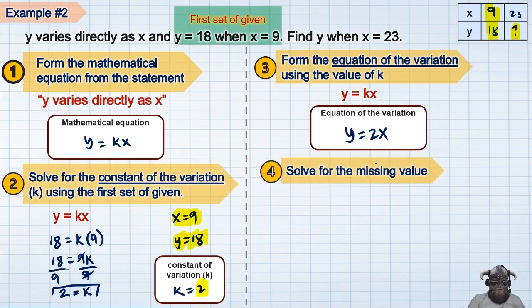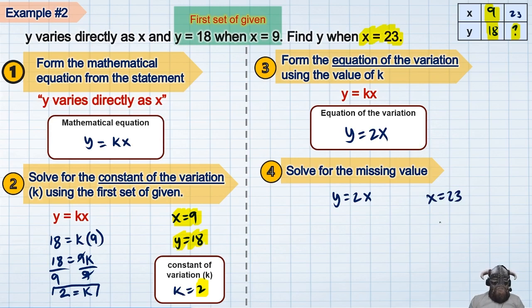So as we continue, we are now ready to solve for the missing value. So ang missing natin is once again the y value. So we'll use y is equal to 2x as our working equation, the equation of variation. And we will use the given from the second set. We have x is equal to 23.